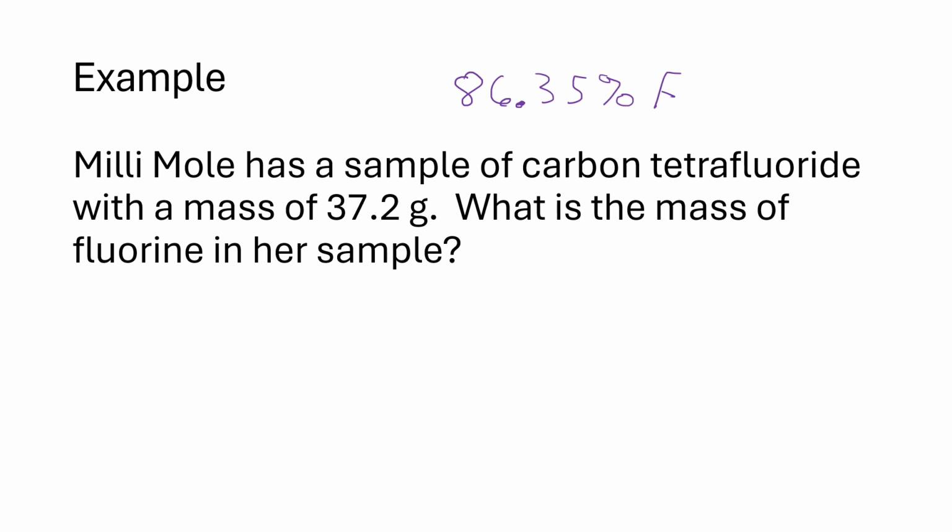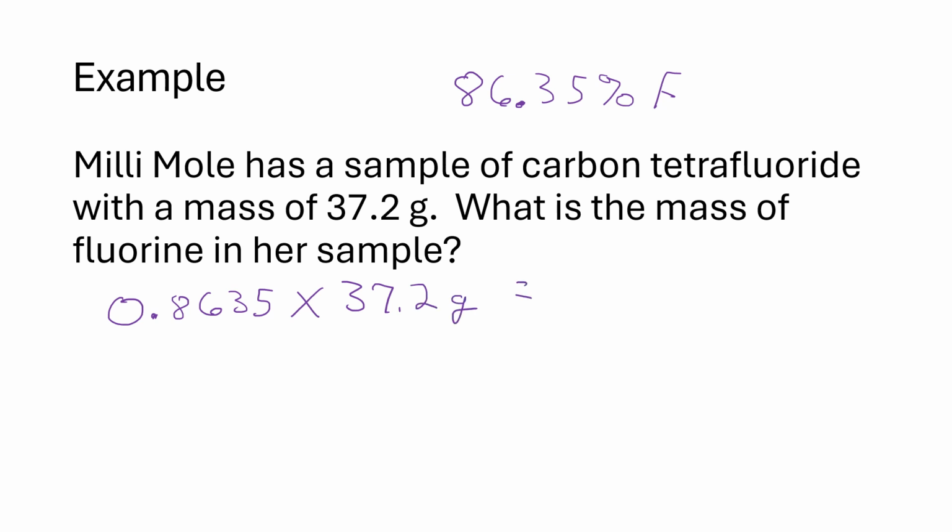So if you have 50%, the equivalent decimal form is 0.5. You move the decimal 2 times. If you have 25%, it's 0.25. So in this case, the equivalent decimal would be 0.8635, and then multiply that decimal times the total sample, which is 37.2 grams.